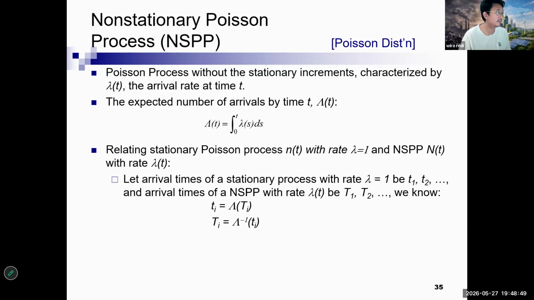Understanding the meaning of this terminology will help you understand the next materials, like the Poisson process, non-stationary Poisson process, and so on.